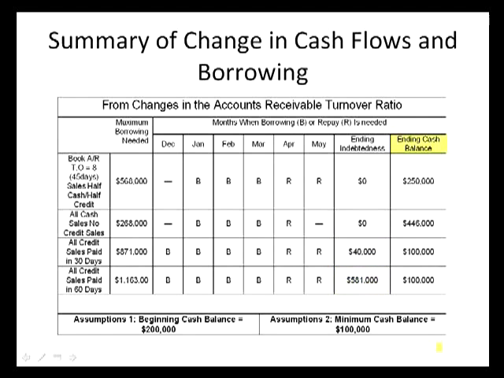It also has a big impact on our ending cash balances. In our initial base case, we went from $200,000 to $250,000. When everybody was paying cash, we went from $200,000 to $446,000. But in our last two cases, where people pay 30 and 60 days after the sale, all we have is the $100,000 which we set as the minimum.